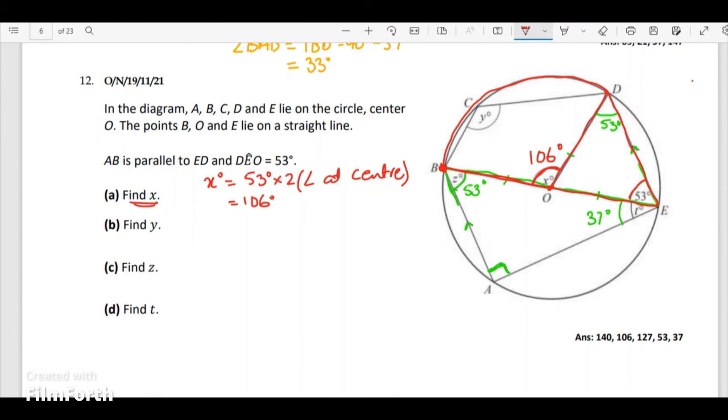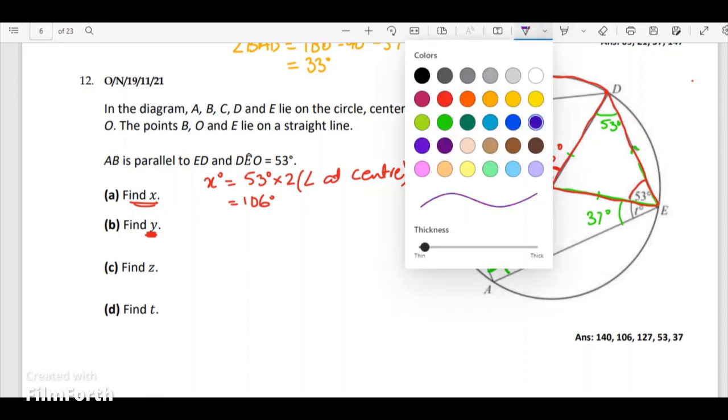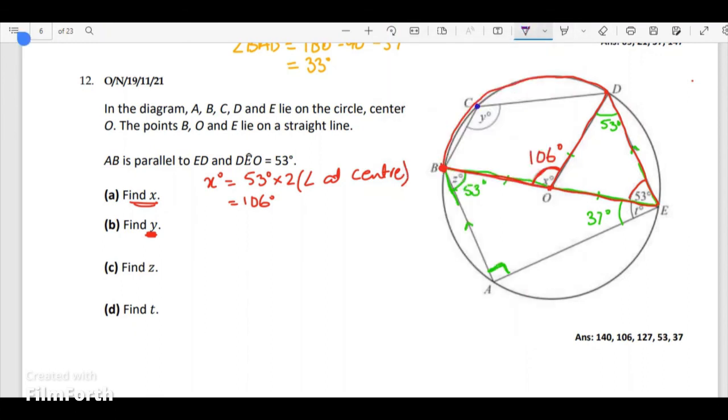Next, we are asked to find y. For y, we see a cyclic quadrilateral. This right here is on the circumference, this is on the circumference, this and this are all on the circumference.